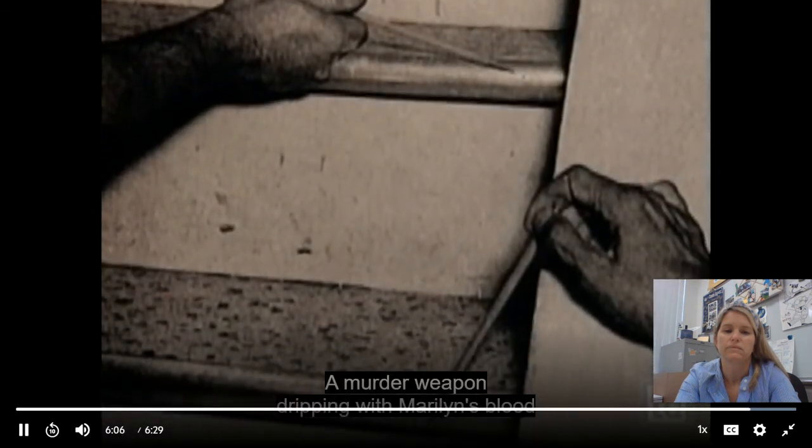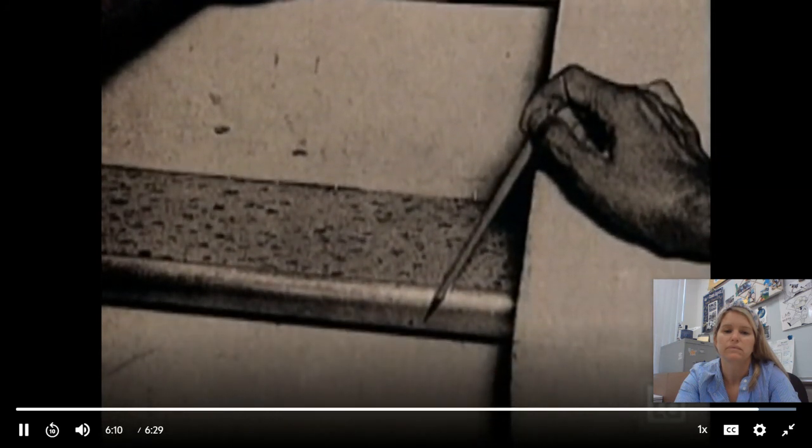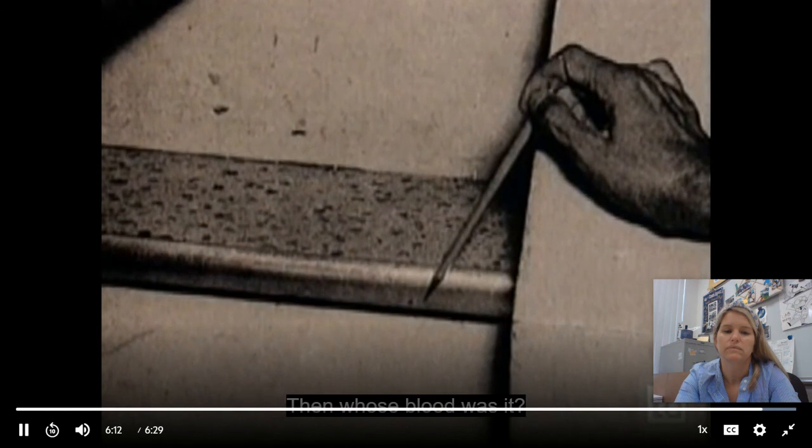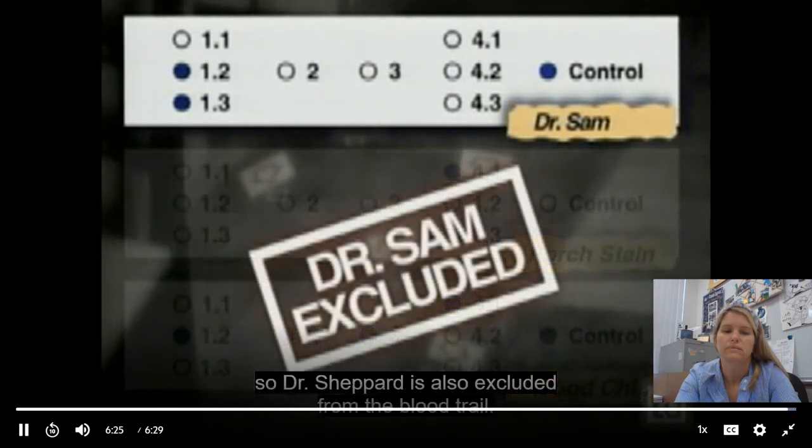A murder weapon dripping with Marilyn's blood didn't leave the blood trail. Then whose blood was it? Was it Dr. Shepard? His alleles turn out to be 1.2 and 1.3. So Dr. Shepard is also excluded from the blood trail.